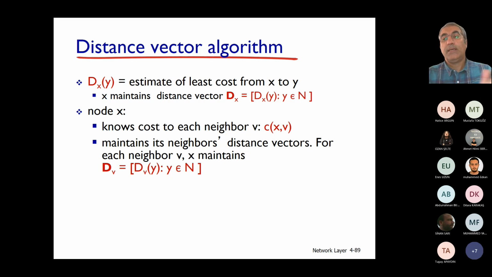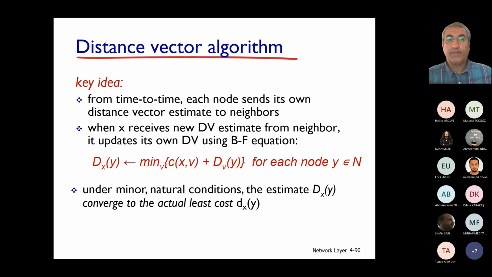And based on that, it adds them up and finds the minimum, the least cost path from source to destination. From time to time, each node sends its own distance vector estimates to neighbors.